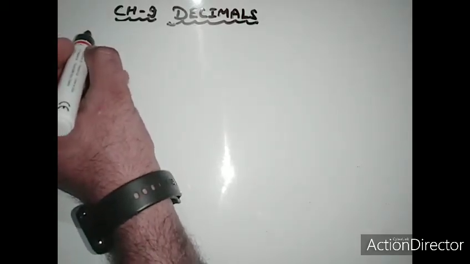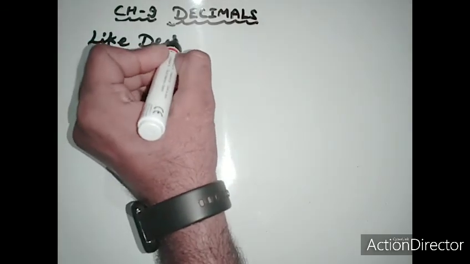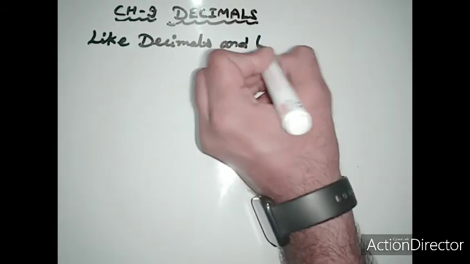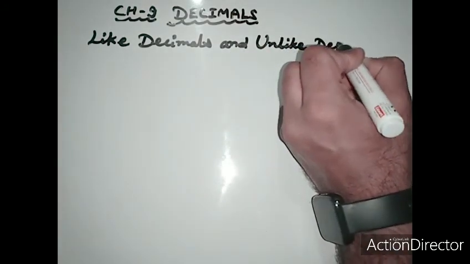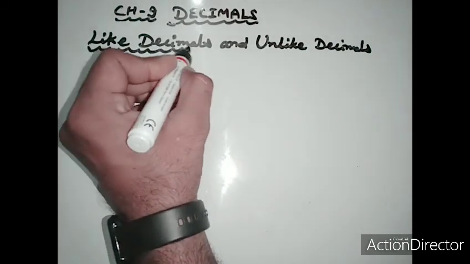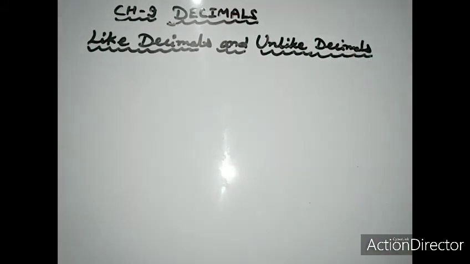Now here we will discuss like decimals and unlike decimals. Okay. Now students, first we will discuss like decimals. Like decimals are those decimals having the same number of decimal places.